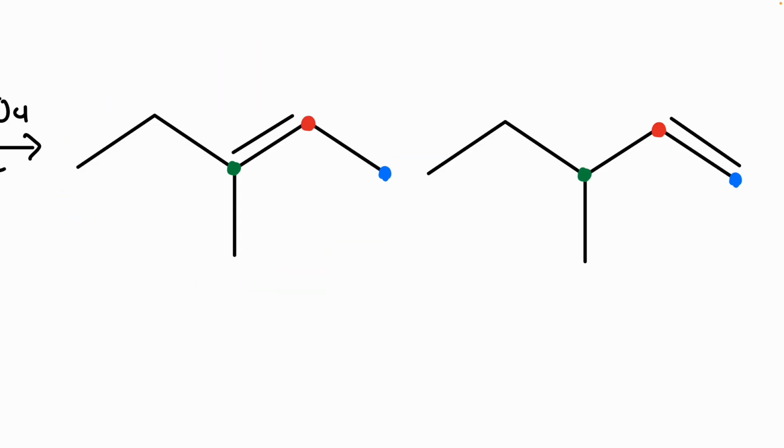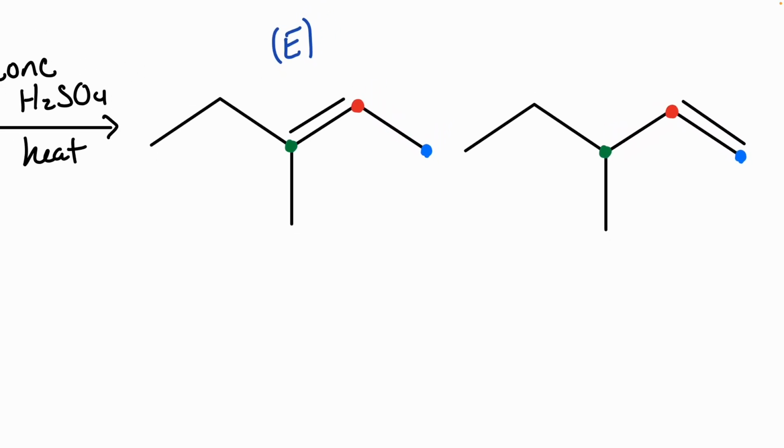This one does. This would be the E conformation. In order to draw the Z conformation, you're going to pick either one of these two carbons, and it doesn't matter which one, but you need to flip the groups. So you could pick this red carbon and instead draw the methyl group pointed up. That's perfectly fine.